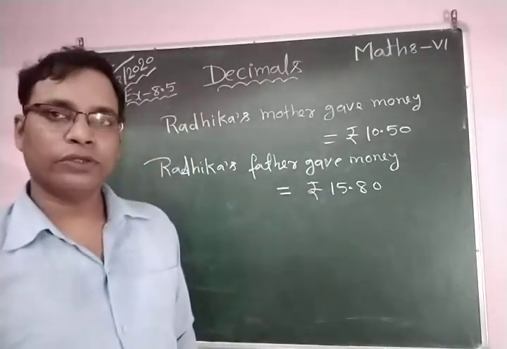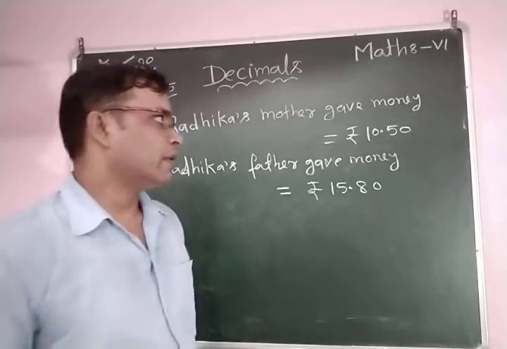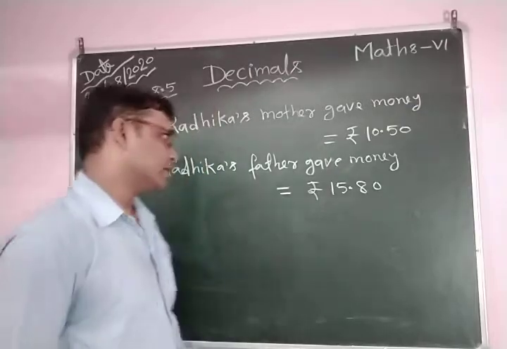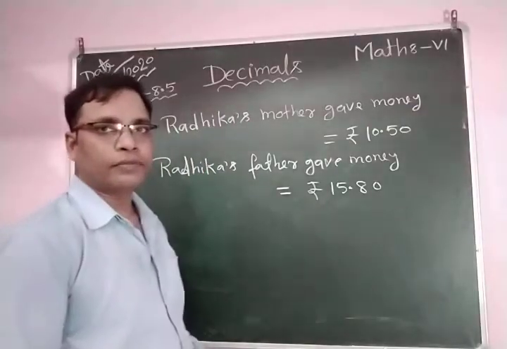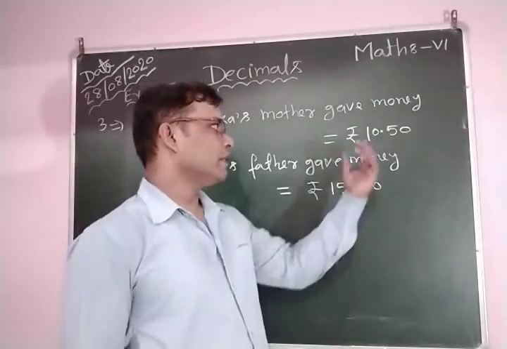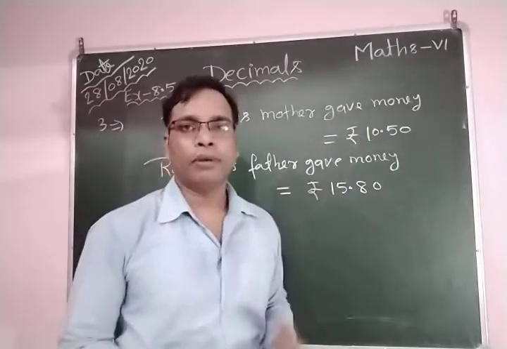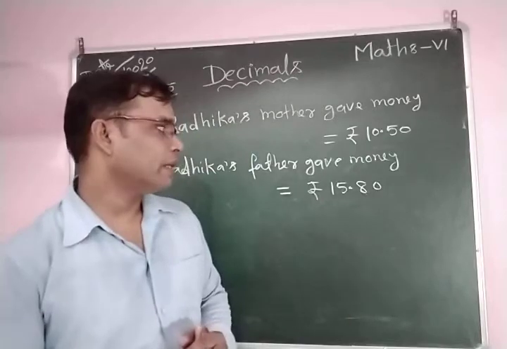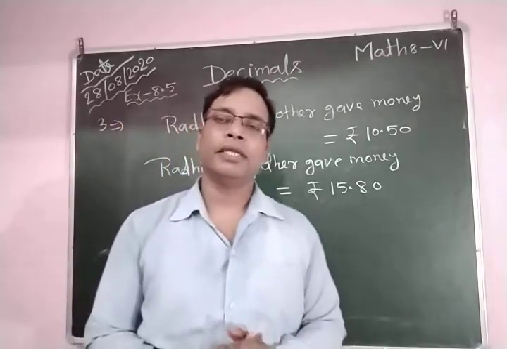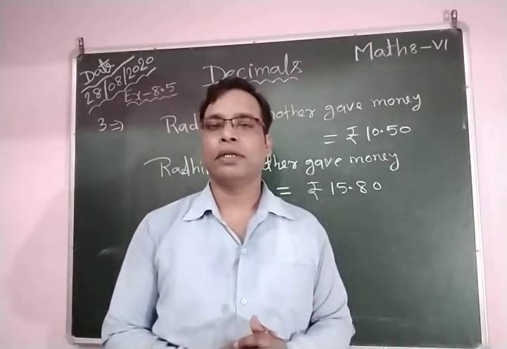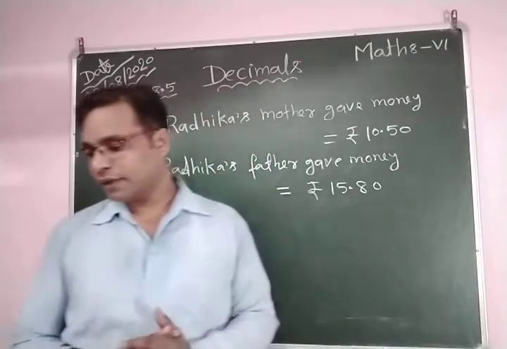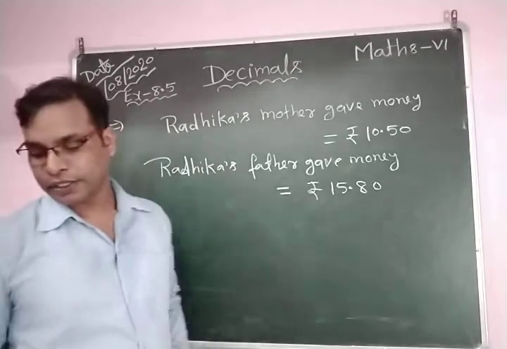Okay, so we need to find the total amount given to Radhika by the parents. For this what we do is we sum both amounts, the money given by the father and the money given by the mother. If we sum them, then we find the total amount given to Radhika by the parents.